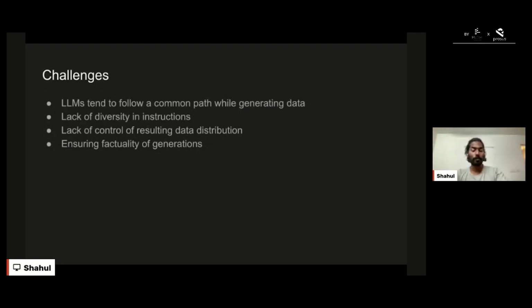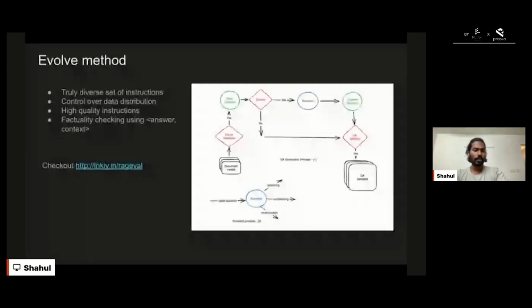So here we are working on an evolve method for generating test data, or any data, from a set of documents. The main idea is to generate a truly diverse set of instructions from a given set of documents, and these instructions should also follow a specific data distribution, which can be controlled by the user.